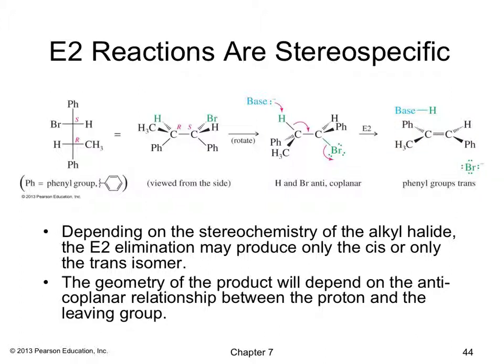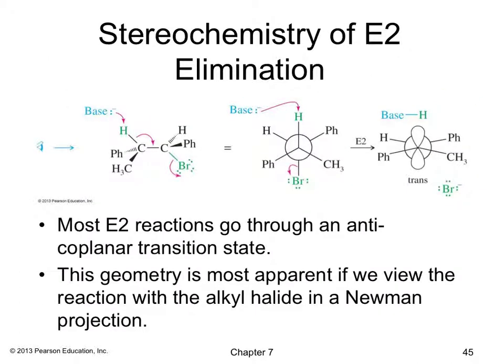So you go from an SR to a trans alkene. The geometry of the product will depend on the anticoplanar relationship between the proton and the leaving group, as shown here. So again, let's look at the stereochemistry of the E2 elimination.